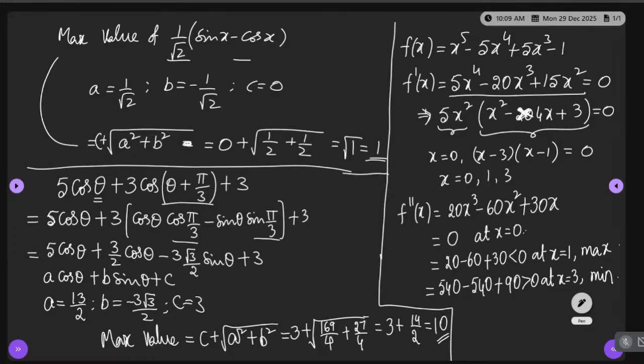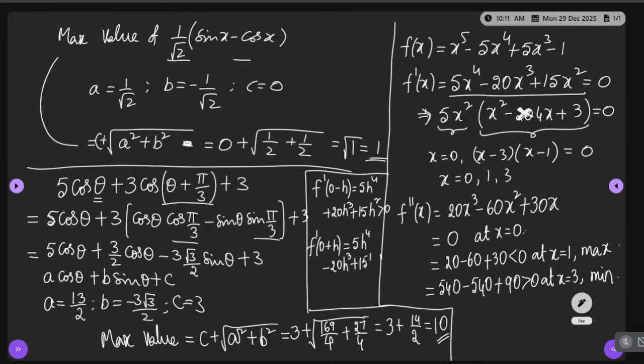Here f dash of 0 minus h is 5h square, h may be very small, 0.1: 15 into 0.01 minus 20 into 0.001.